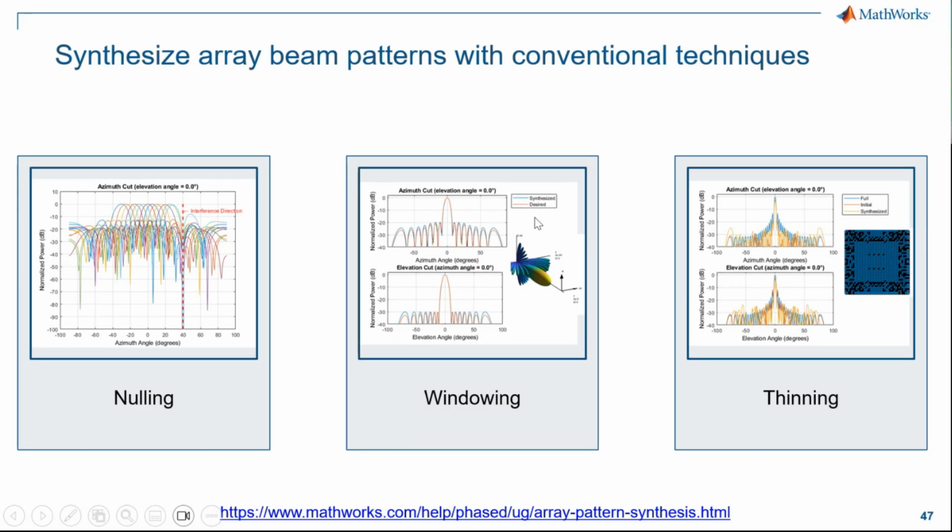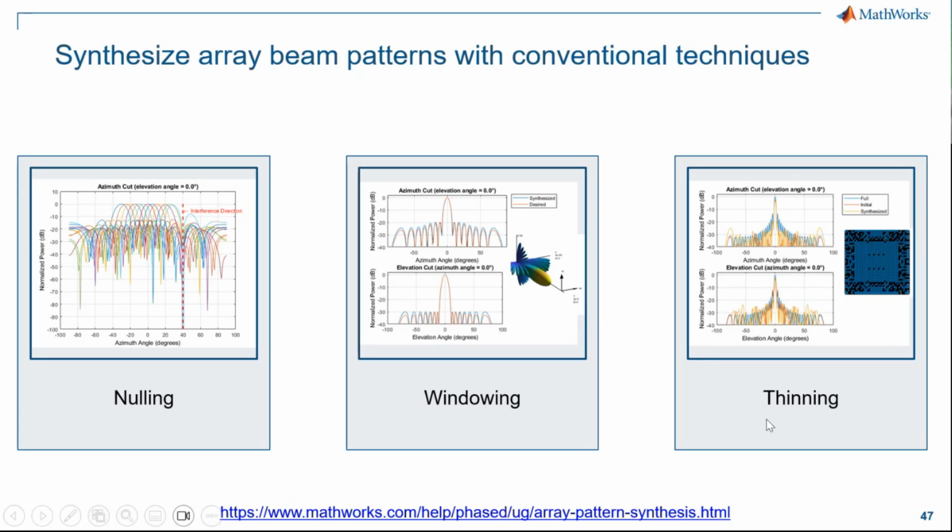We've got some examples that show how to synthesize a pattern you would like to achieve, and see how you can do that using MATLAB with optimization, with artificial intelligence, more and more deep learning. Another thing is the problem with these large arrays: they require a lot of radiating elements and a lot of electronics behind them to process.